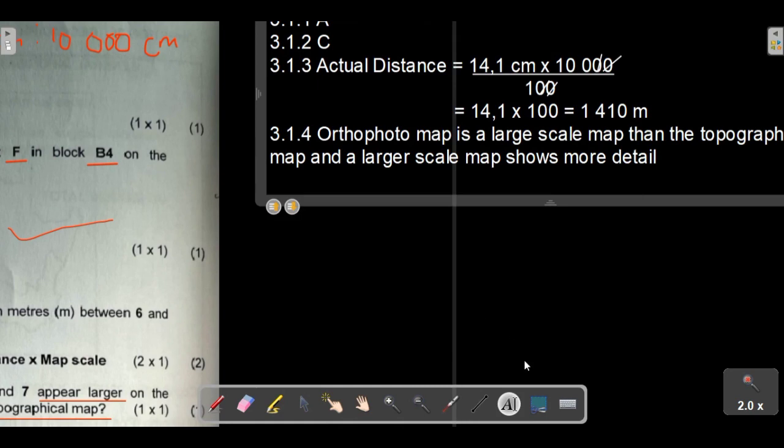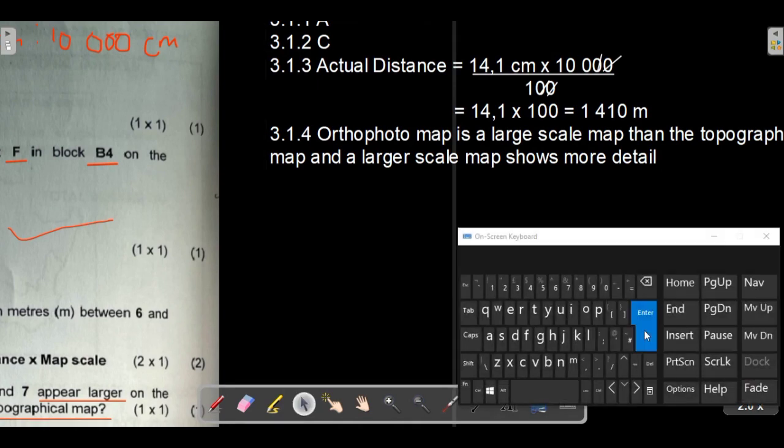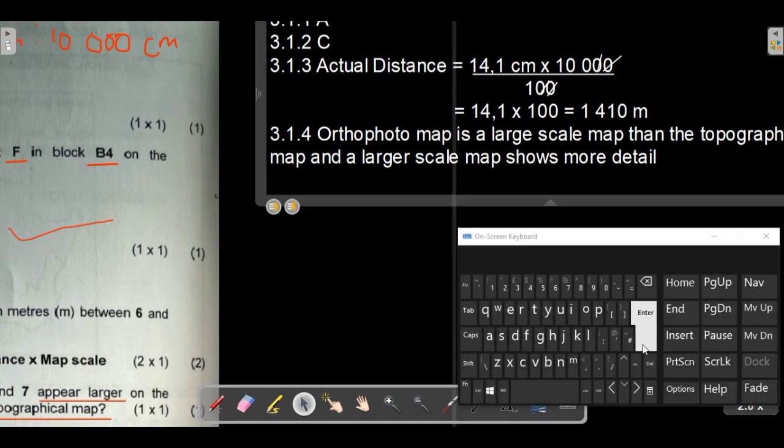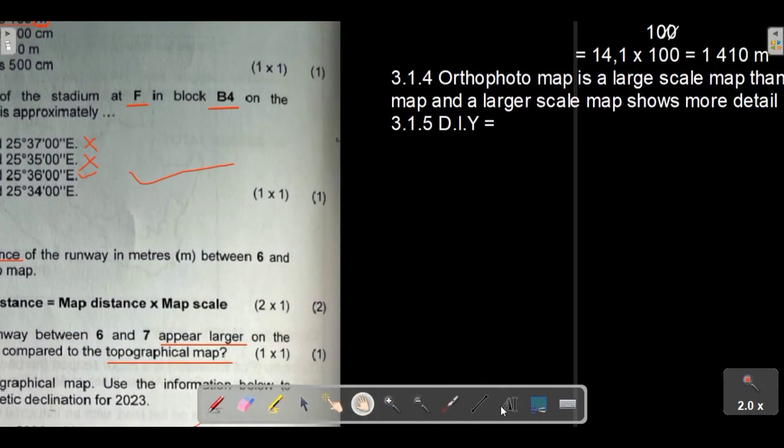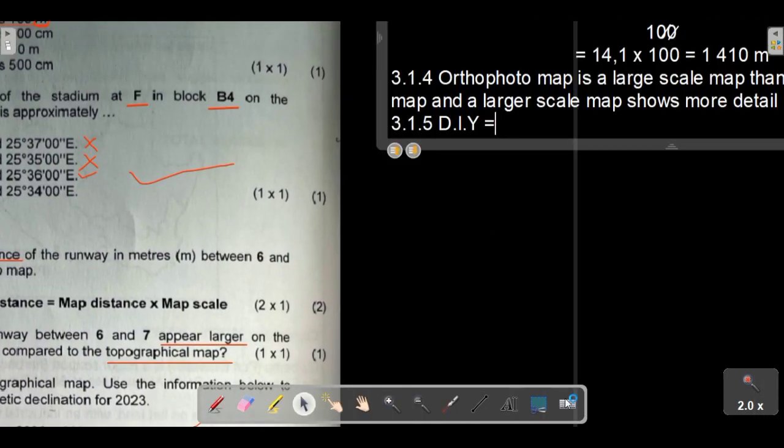So we are being asked to calculate the magnetic declination, guys. We already know the difference in years, so I'm just going to write DIY. Okay, not as in do it yourself. So the DIY we are given there is 2 years.